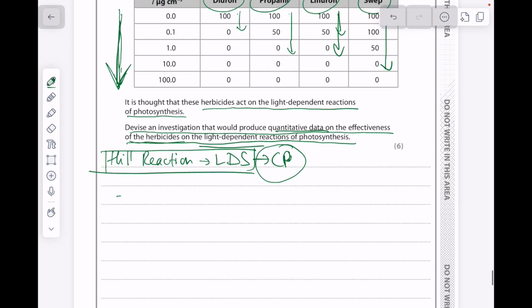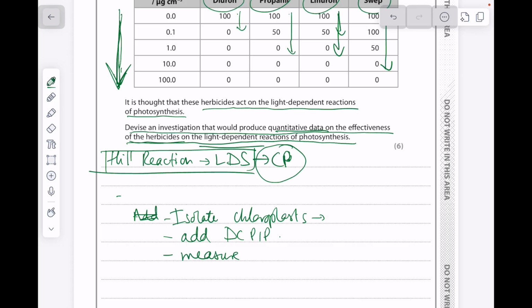But what the basic reaction is, remember, is that we isolate chloroplasts, and we might want to give at least one sentence of detail as to how we would do that, the precautions we would take to keep those chloroplasts intact, functioning, etc. So we isolate chloroplasts, and then we make some control solutions, but then we add DCPIP, and then what we can do is measure the rate of decolorization.